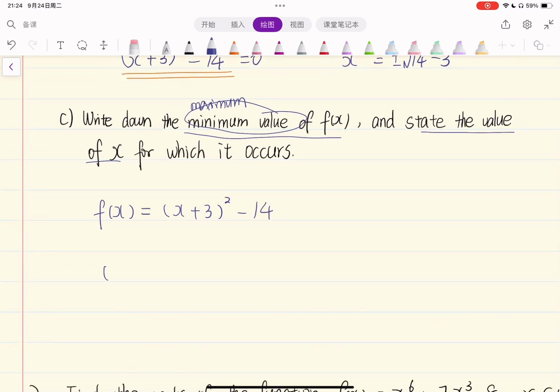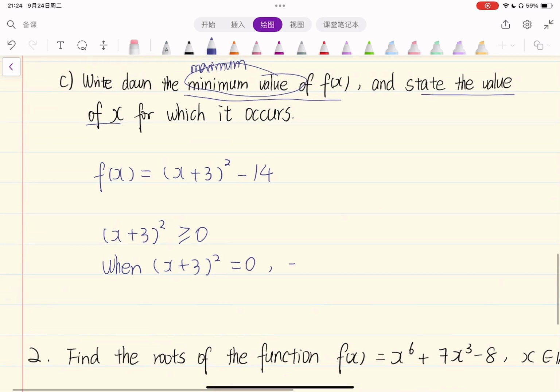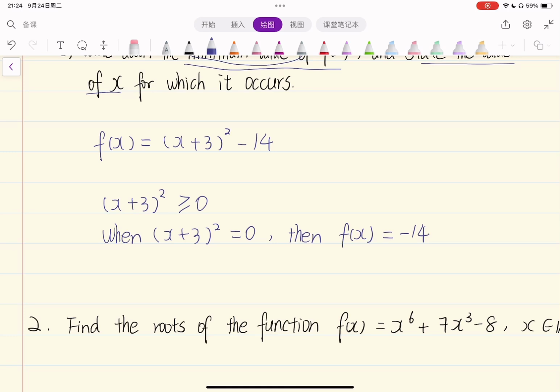So be aware that (x plus 3) squared is greater than or equal to 0. To get the minimum value, we need (x plus 3) squared to equal 0. So when (x plus 3) squared equals 0, f(x) equals minus 14. Then (x plus 3) squared equals 0 means x plus 3 equals 0.